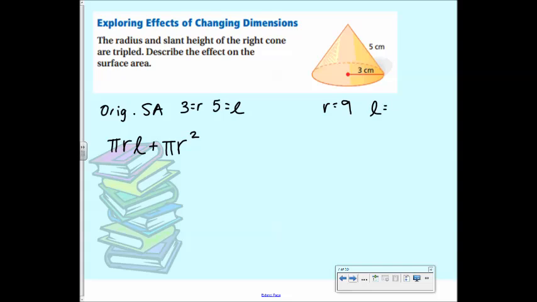Okay, so I want you four ladies to do the original one, and gentlemen, I want you guys to do the new one. So use the new height and new radius. Go, at your seats right now. You can work together if you need to, or just plug it into the formula.